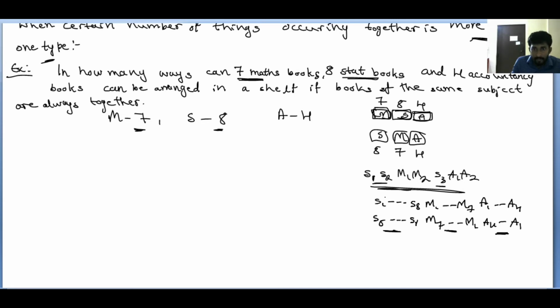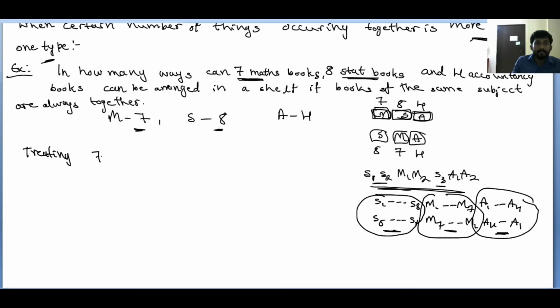But see, here observe, stat books always occur together, maths books always occur together, accountancy books always occur together. That is the meaning of the given question. Whatever arrangement you are doing, books of the same subject always occur together. For that reason, see, treat the 7 maths books as one unit.